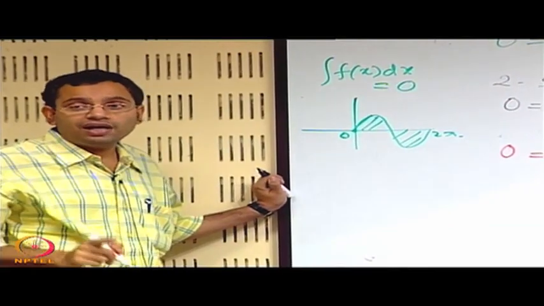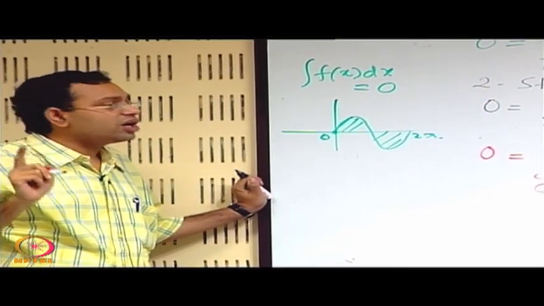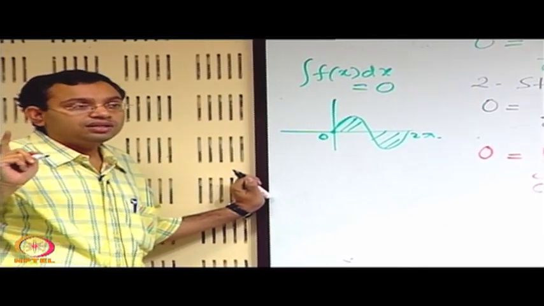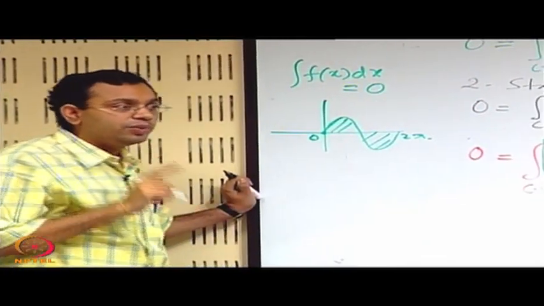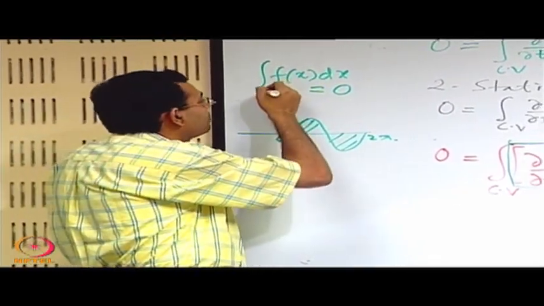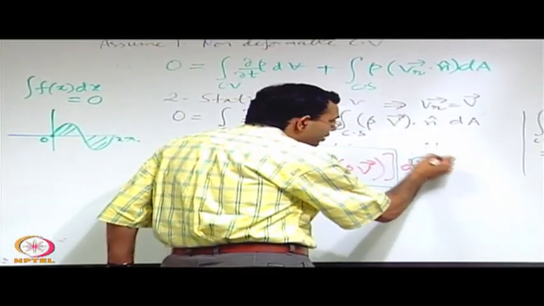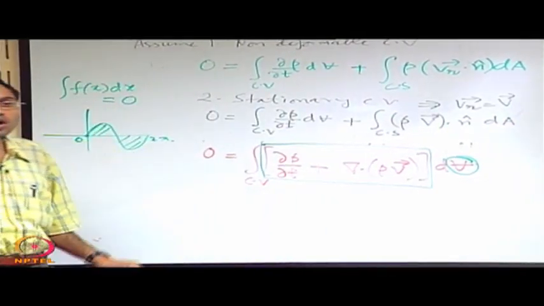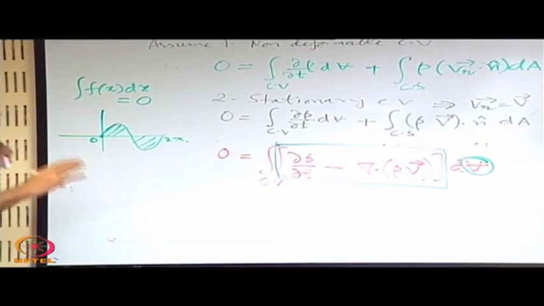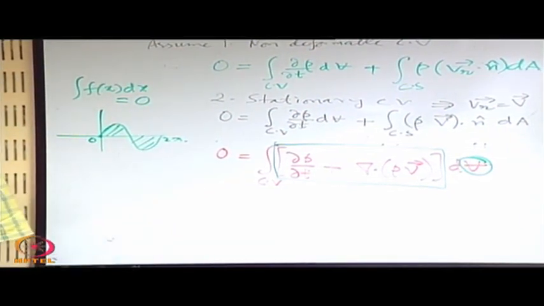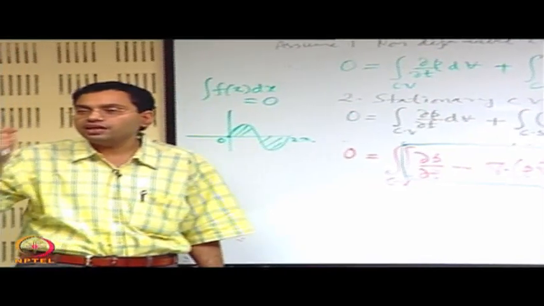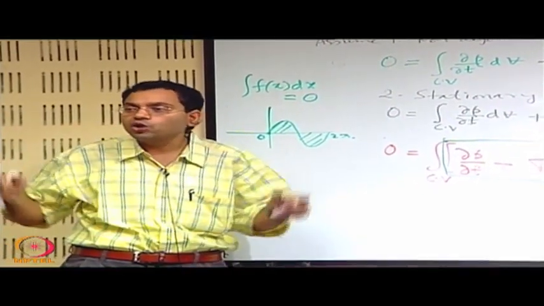But you have to keep in mind that that is not for any arbitrary domain of integration, that is only for a particular limit. Here the choice of the elemental volume is not based on a particular domain, it is an absolutely arbitrary choice of an element within the total volume chunk.